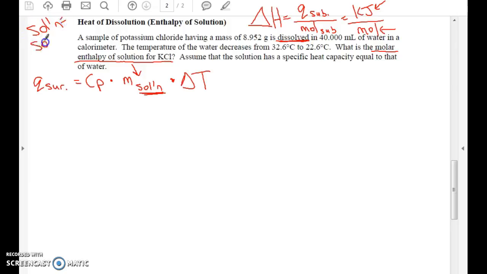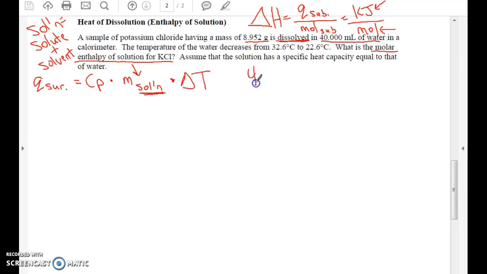It has the solute, that is the substance that gets dissolved, and it has the solvent, that is the substance that does the dissolving. So when you work with the solution here, you have to add the solute, which is 8.952 grams of potassium chloride, and the 40.000 milliliters of water. So we have to remember to add that up. If you're going fast, that's an easy part to forget.